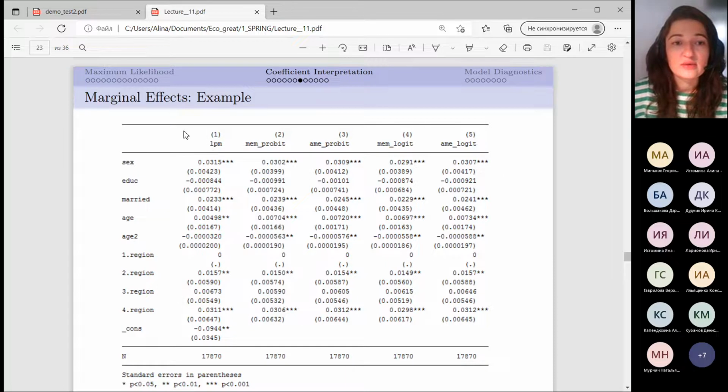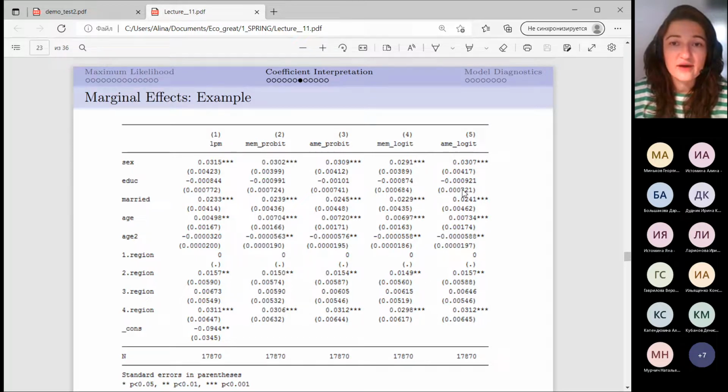So here is our dependent variable. Let's say that the respondent owns a house, meaning y equals 1, otherwise y equals 0. And here you can see some variables like gender, education, and so on, okay?